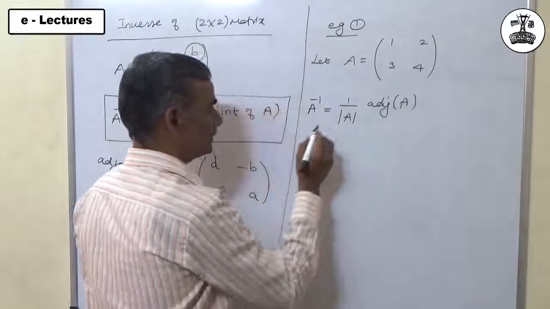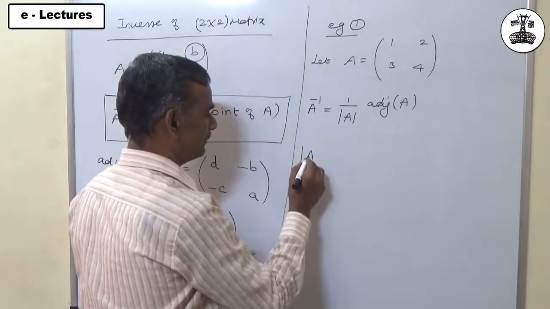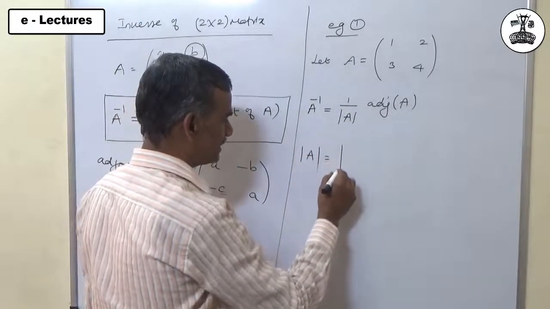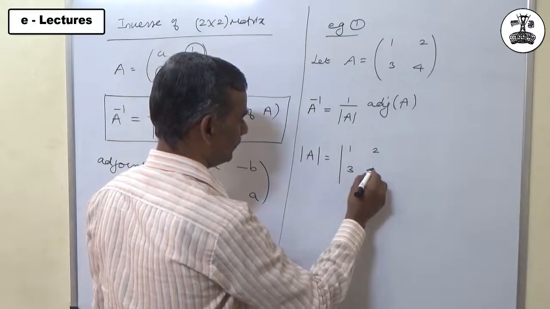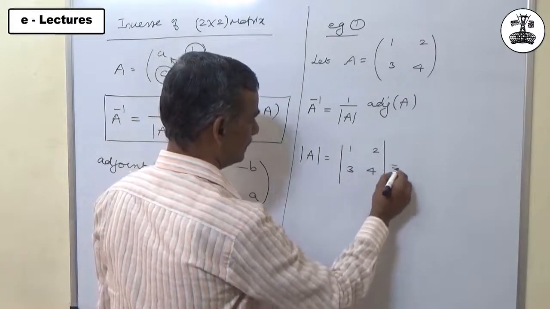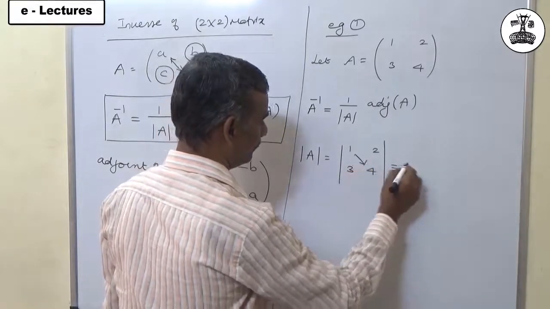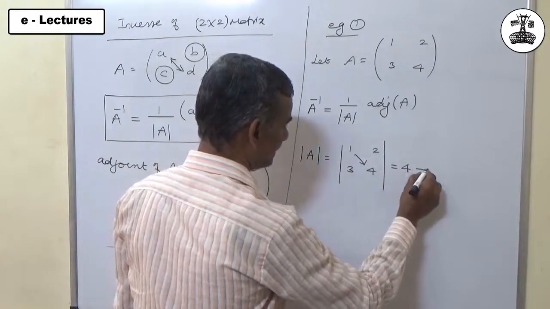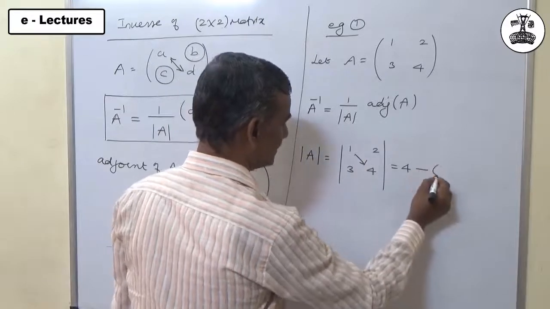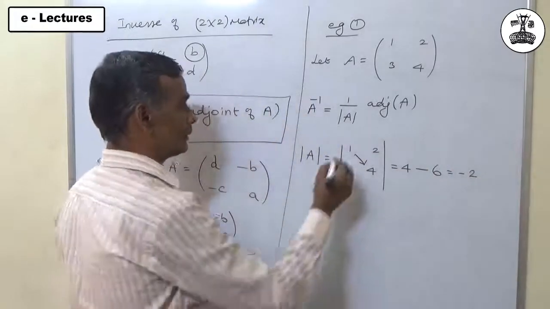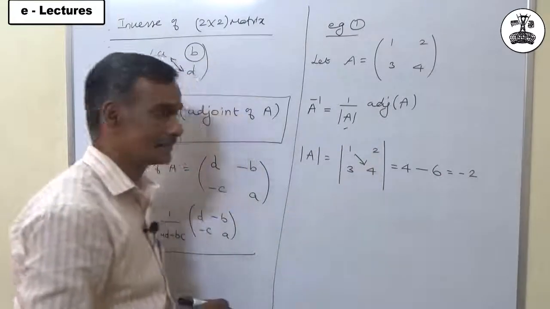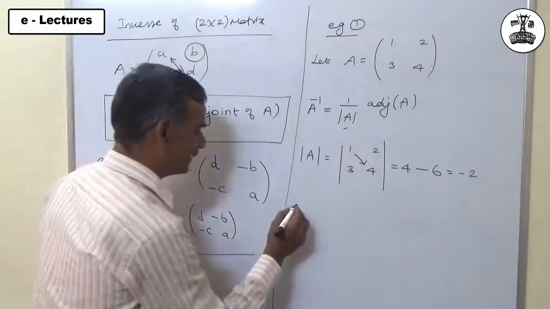So first determinant A கண்டுபிடிக்கணும். So determinant A is equal to determinant 1, 2, 3, 4. This is equal to 1 into 4, 4. Put a sign minus. 2 into 3, 6. 4 minus 6 equal to minus 2. So modulus of A is minus 2. Then adjoint of A.